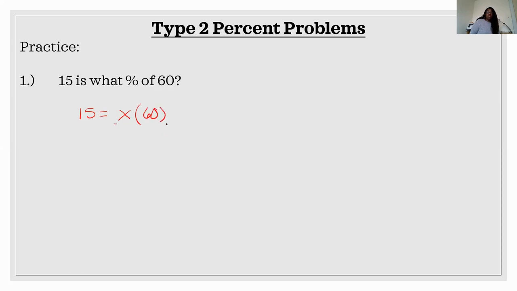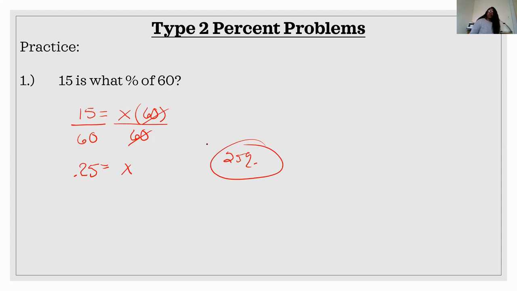So in order for me to isolate my variable, I got to divide both sides by 60. So either you're using your handy dandy calculator or you're actually doing the division. You're probably going to get 0.25 or 1/4 again. So what's the percentage? 25%.